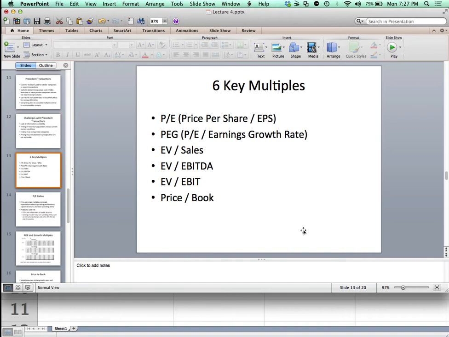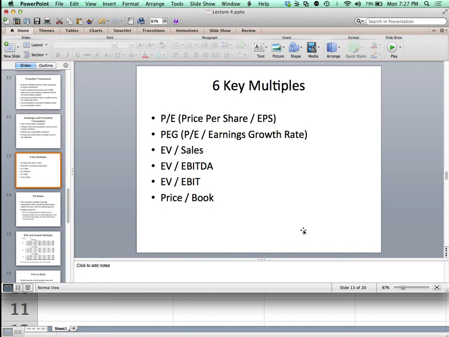Okay, so if my PEG ratio, which is defined as the PE divided by the growth rate, the long-term growth rate in earnings per share, if my PEG ratio is 1, that means for every $1 of earnings growth, I say that's worth $1. Okay, so I'm giving you $1 for every $1 of earnings growth in terms of valuation.